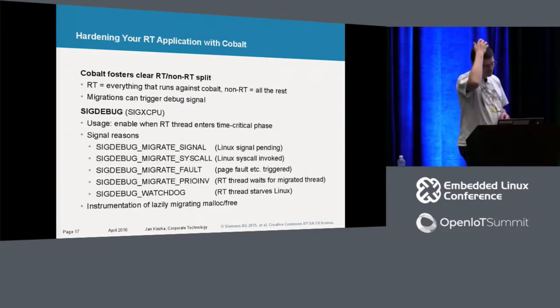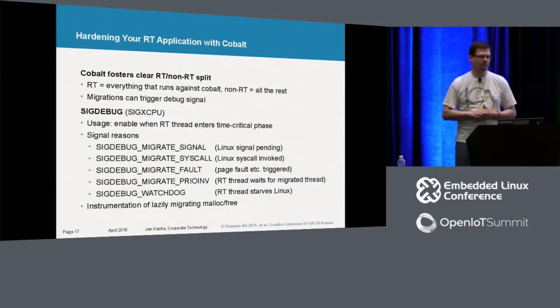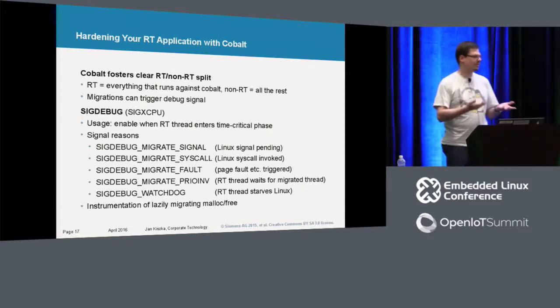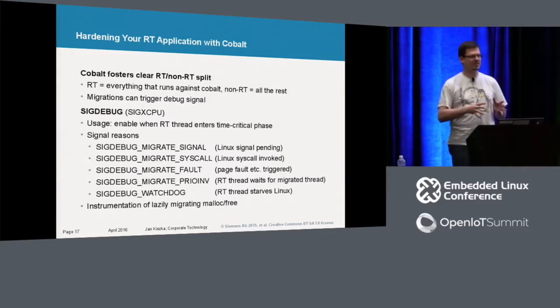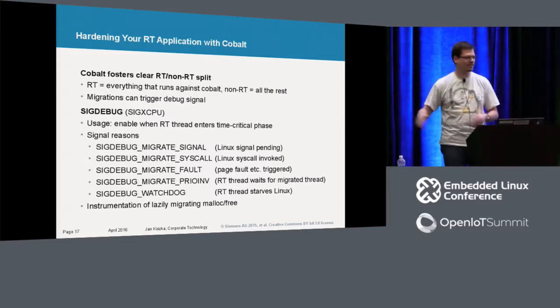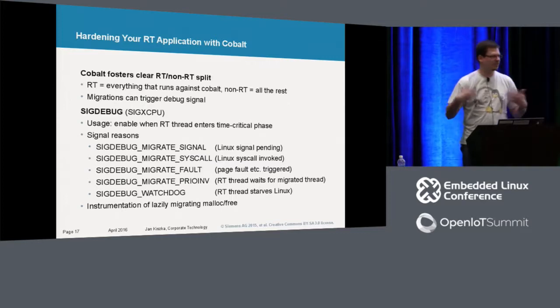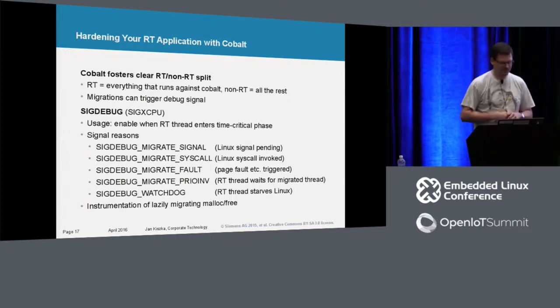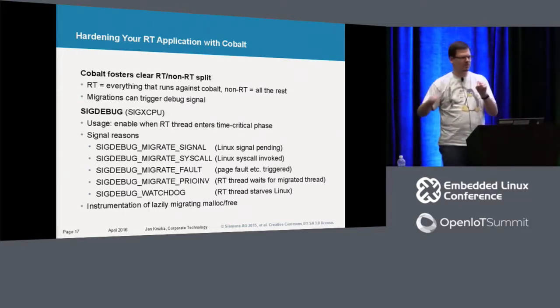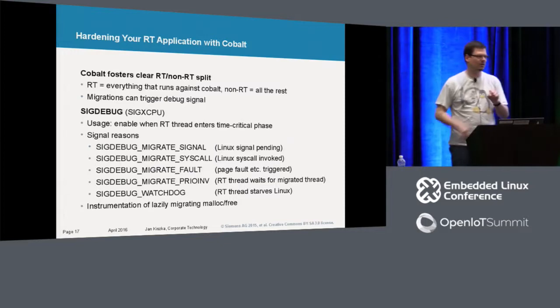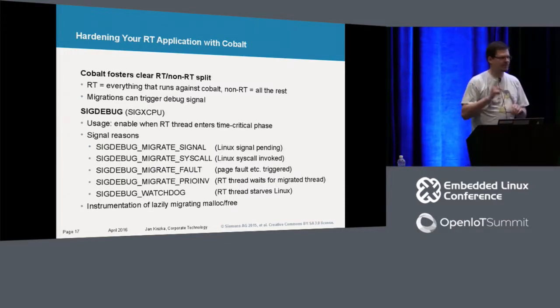So the signal, SIGDEBUG, is mapped on SIGXCPU. You can register basically a signal handler on this. You can enable this. Usually you do this, of course, after the setup phase because you get a lot of signals otherwise when you're still acquiring memory or calling into files. But then if your task is in the real-time part and it does something strange, maybe calls a Linux system call which is not supposed to be called, even once in a million times, then you get the signal.